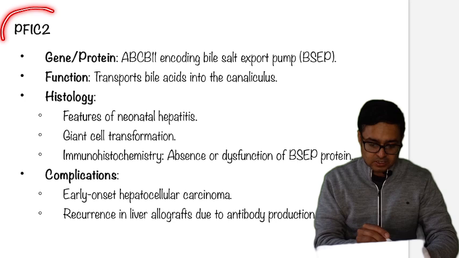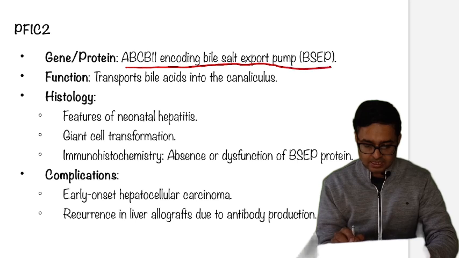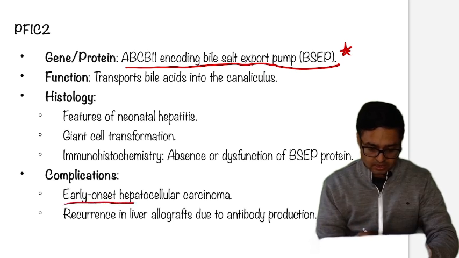Similarly, for PFIC2, we have to remember the ABCB11 gene encoding BSEP. Don't remember the full name. Histology shows features of neonatal hepatitis, giant cell transformation, and importantly, early onset hepatocellular carcinoma is seen in PFIC.